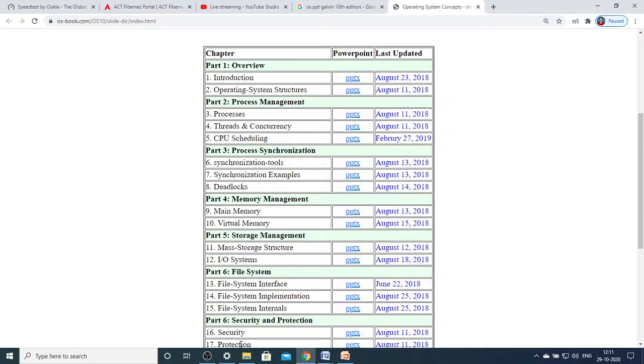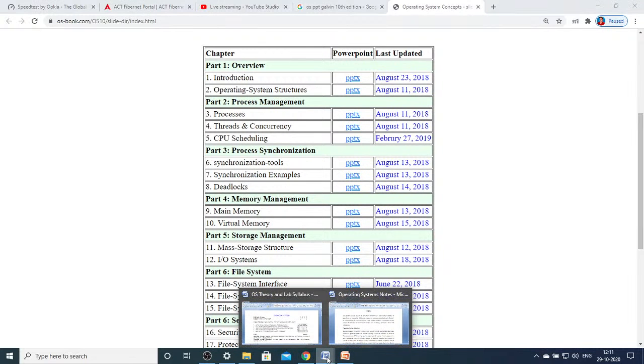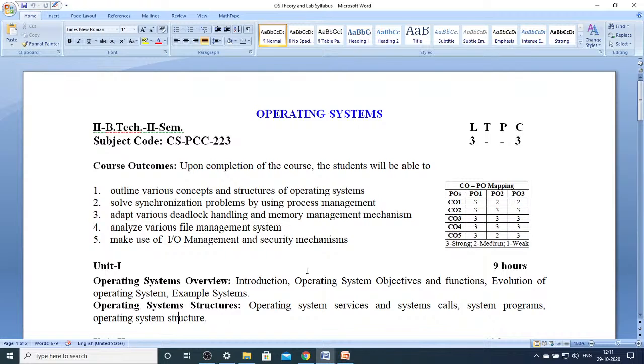Not all slides in these 16 PPTs are required for your syllabus, because your syllabus is bounded to few topics only. So you can go through the syllabus copy from our college website and download it, and based on the topics in your syllabus, go through only that particular part in the PPT.